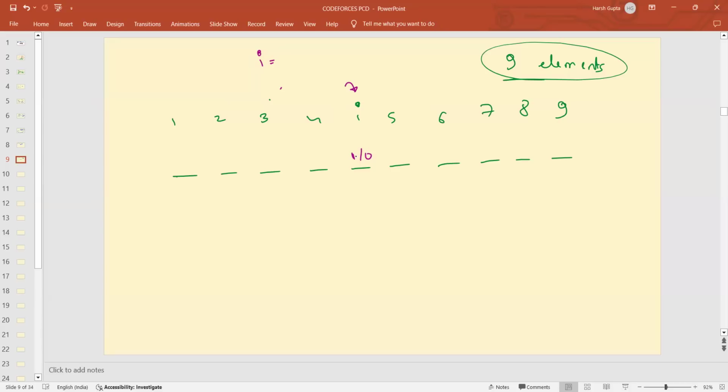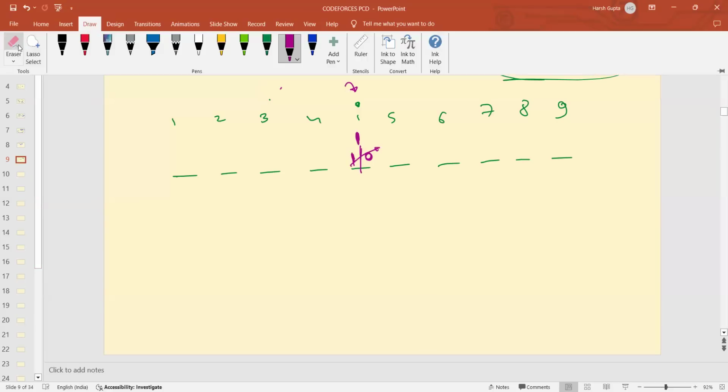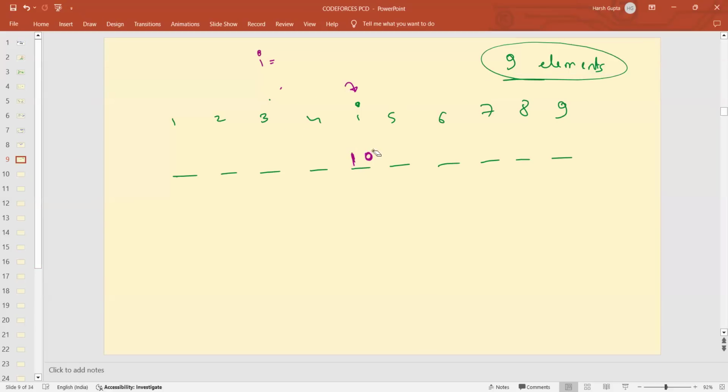Whatever answer, first of all, you need to understand that these values are symmetric. Whatever answer I get for 1, the same answer I will get for 0 as well. If you are not getting this, you will get it in approximately 5 minutes. Let's start with this ith character as 1.